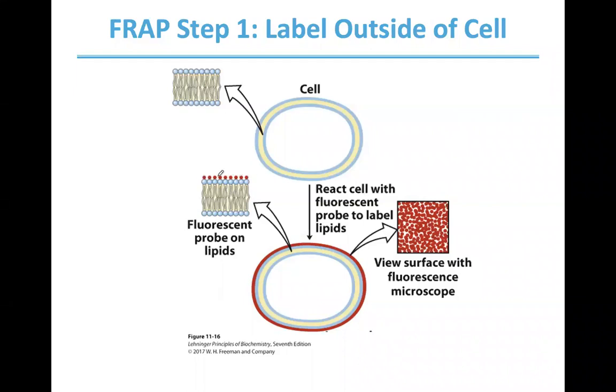So the red spheres here are the dye. We're going to totally cover the cell with this fluorescent probe. And if we view this with a fluorescent microscope, you can see that the entire surface is covered with this red dye.